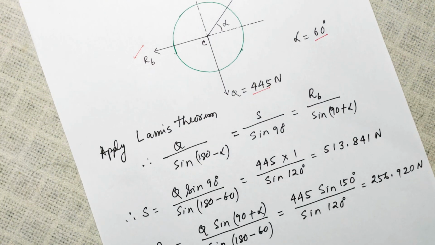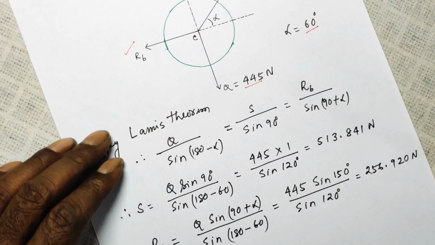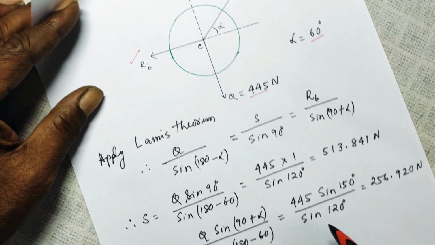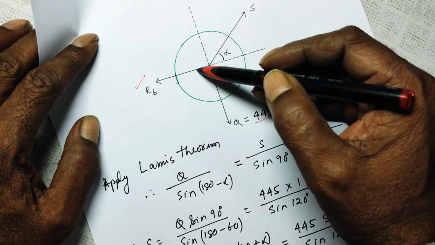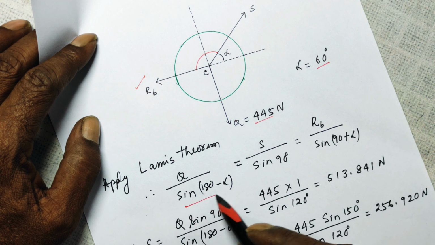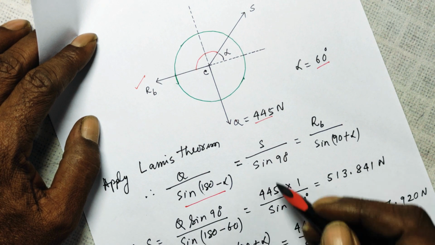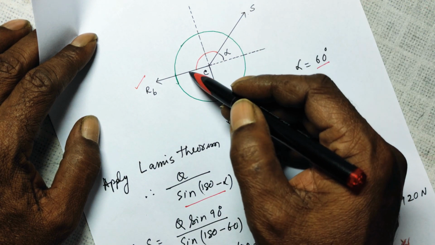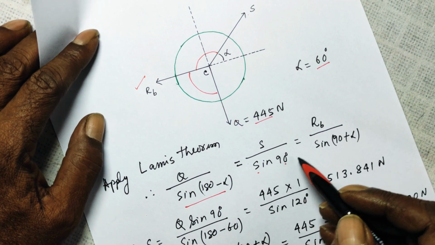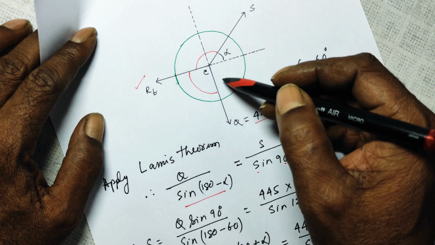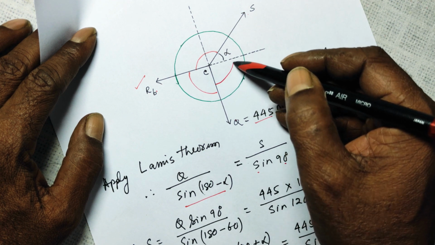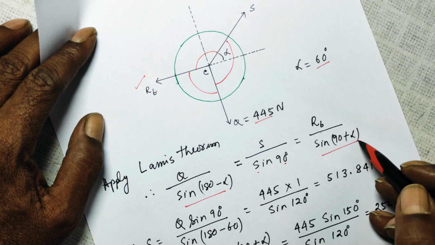So now let us apply Lami's theorem. Q over sine of this angle, this angle will be 180 minus alpha, is equal to S over sine 90, is equal to RB over sine of this angle, that is sine of 90 plus alpha.